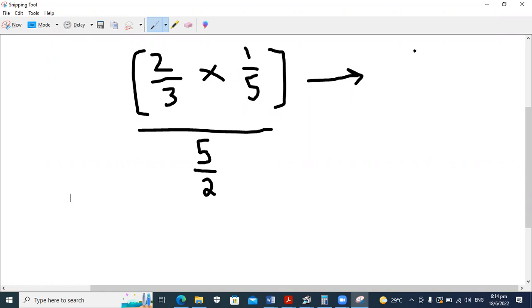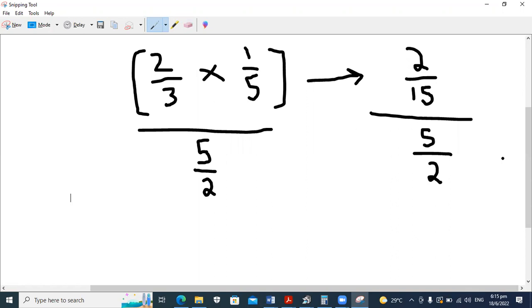So 2 times 1 and 3 times 5 is 15. So then we have 2 over 15, all over 5 over 2. What do we do next?